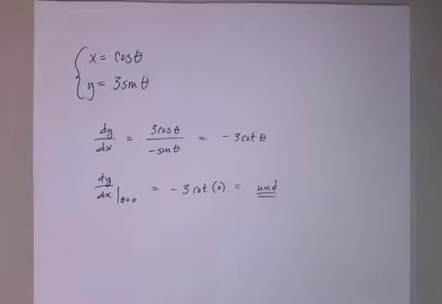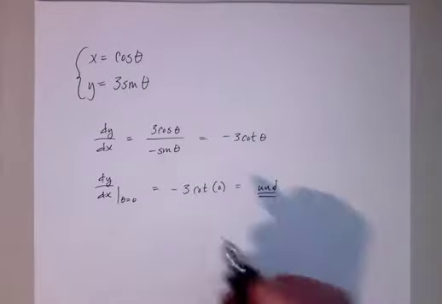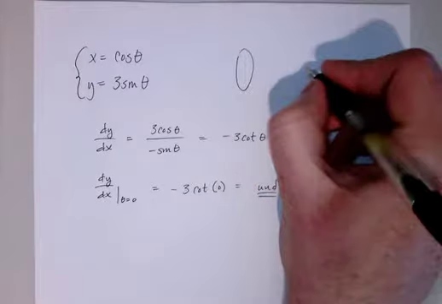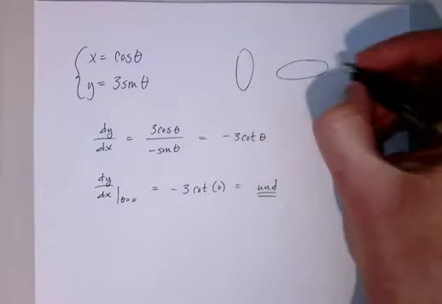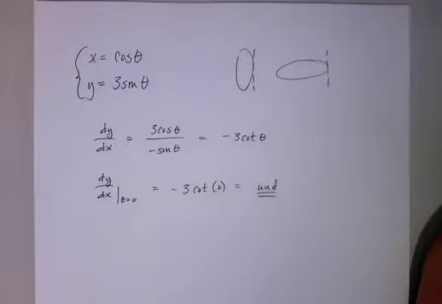So apparently the slope at theta equal to 0 is undefined, meaning that you probably have a vertical tangent line, which makes sense, right? If that's an ellipse, and of course an ellipse is either like this or like this, then at theta equal to 0, to have a vertical tangent line would make a whole lot of sense.